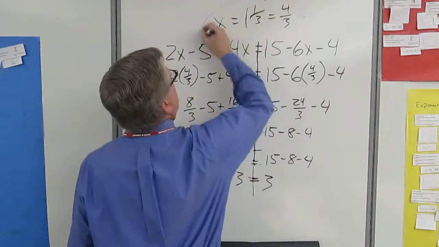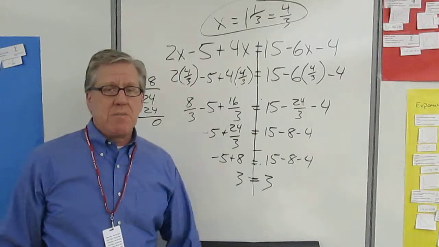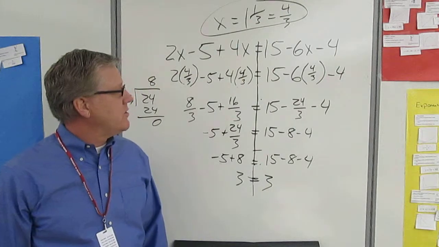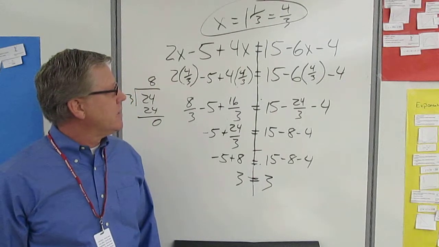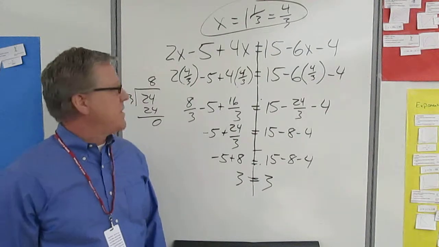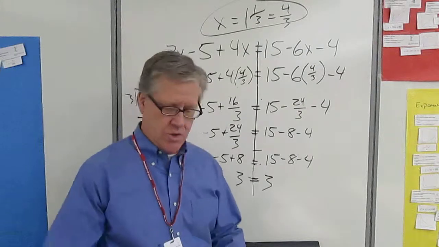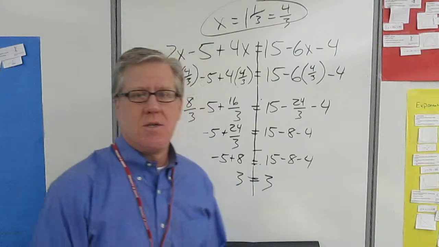Our answer's good. We double checked it, we went through it. It's pretty simple. I know this took a little longer than it should have, and it's a little more complicated than it looks. It's actually easier than it looks if you just go step by step. So that satisfies this. All right.